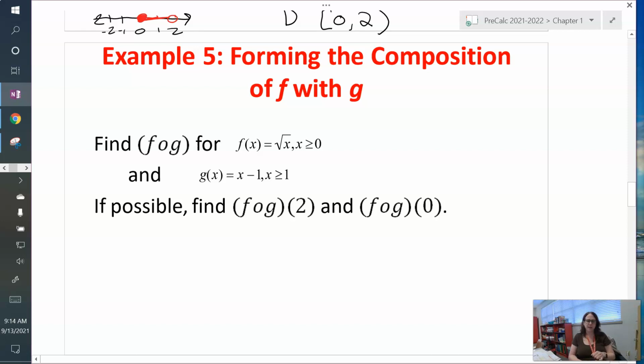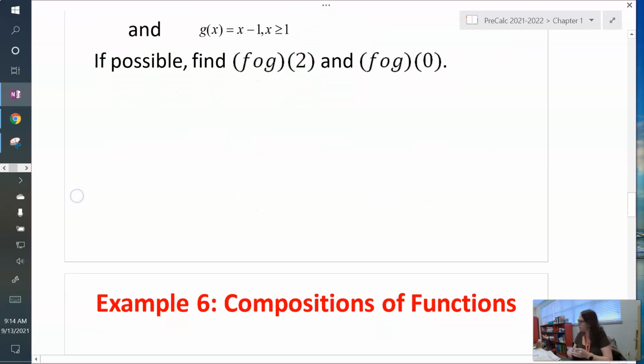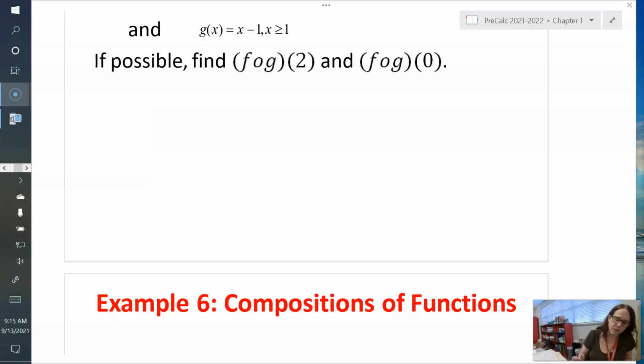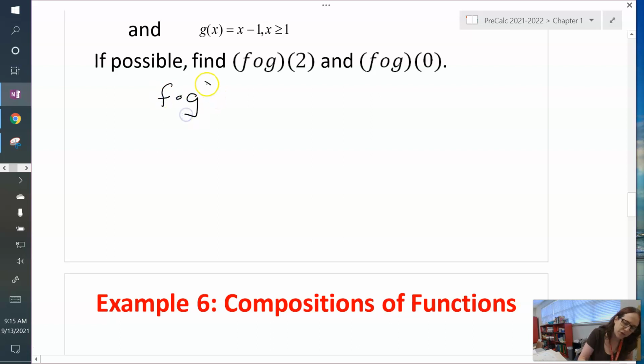So what this means is when we say f with this little circle in between of g, that means that f is going inside of g. I think that's what it is. Or did I say that backwards? Right, I said it backwards. So f with that little circle of g, what that means is that g is going inside of f. So this means f of g of x.